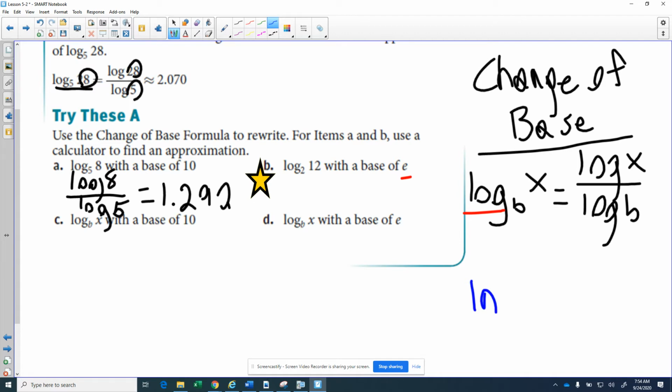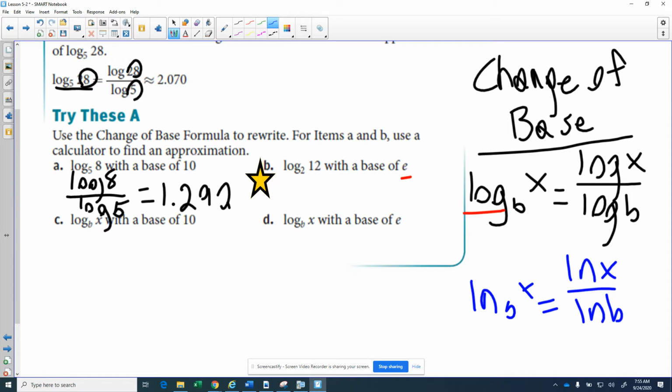So ln with the base b of x is going to become ln of x over ln of the base. If I want to change this formula into a natural log formula, it's not going to make any difference.